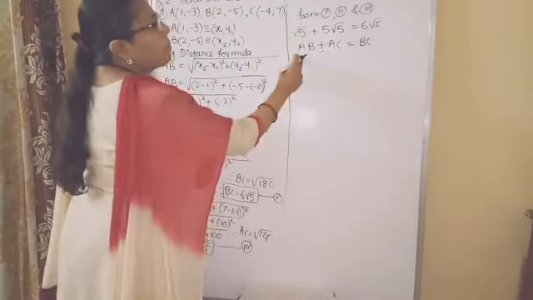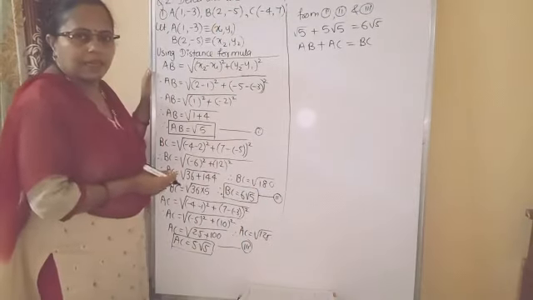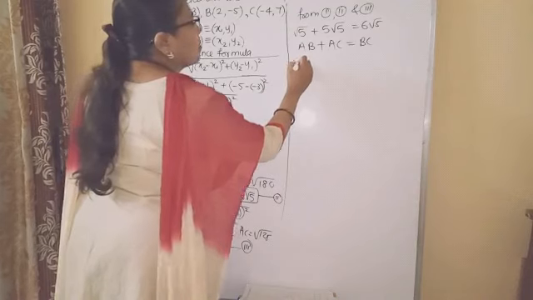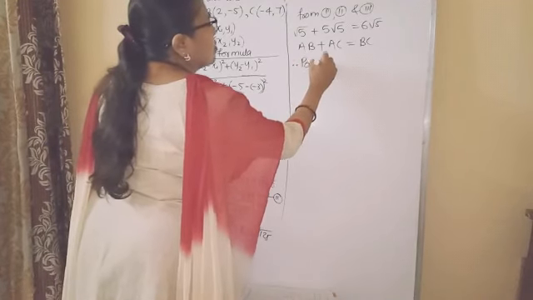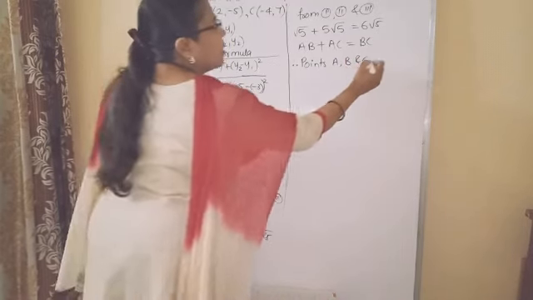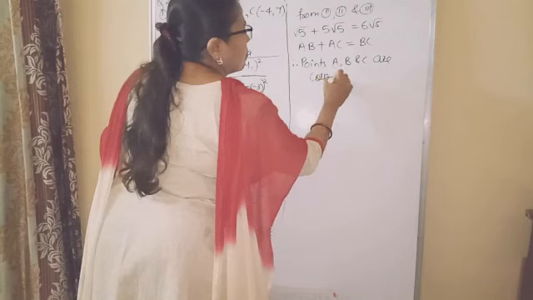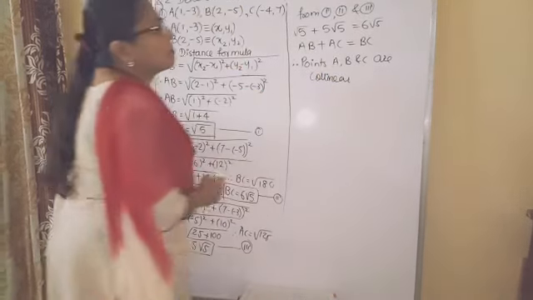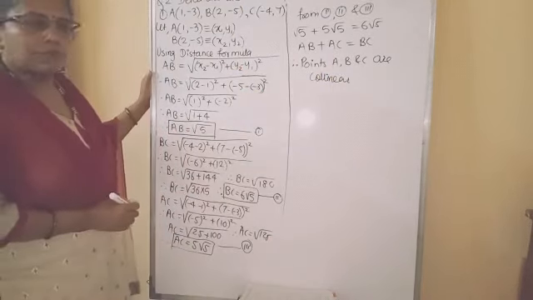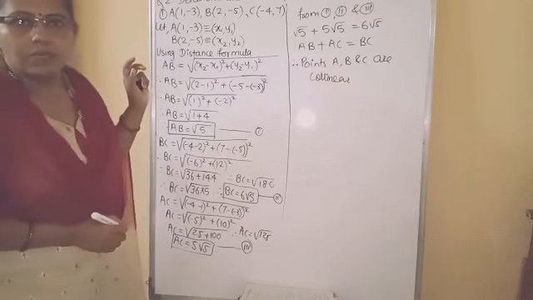So here we got AB plus AC is equal to BC, means we got the betweenness relation. Therefore, points A, B and C are collinear. Okay, this way we can decide whether the given points are collinear or non-collinear.